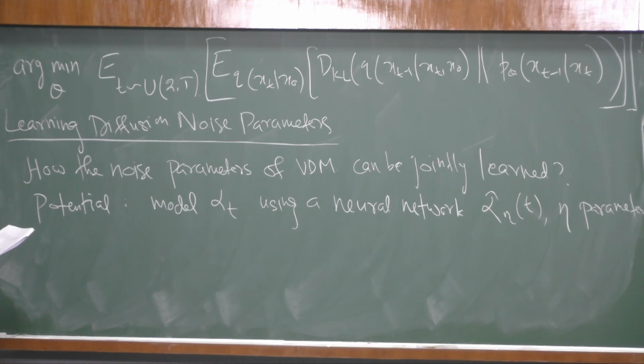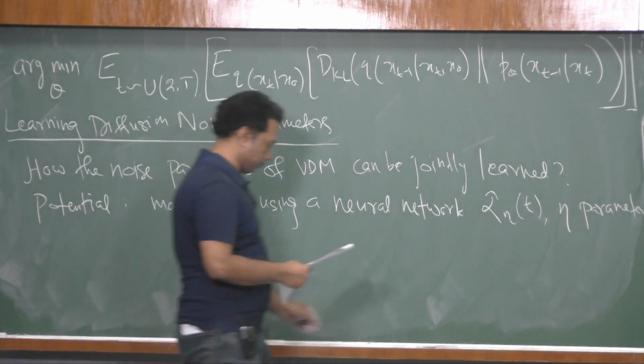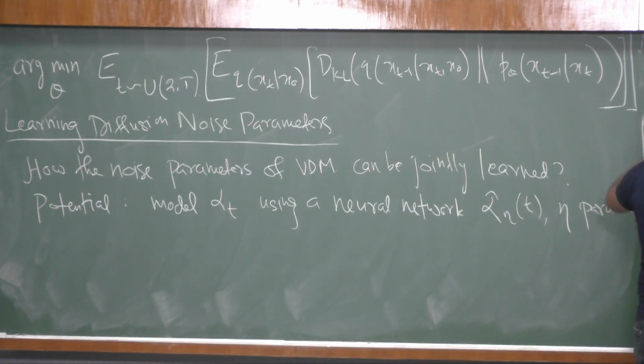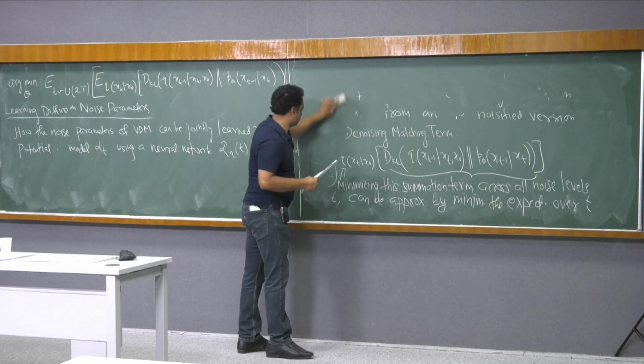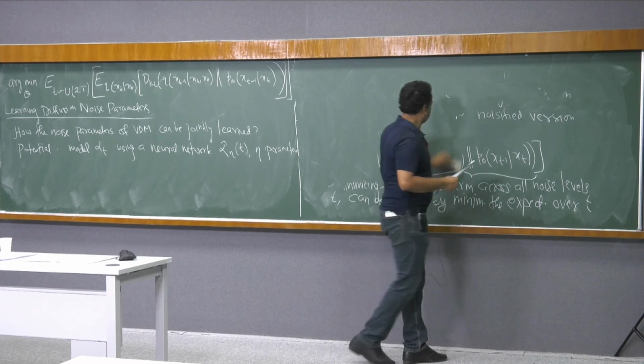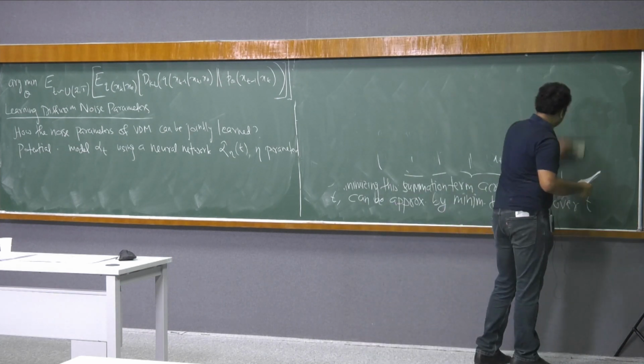So let us look into the expressions that we had previously when we were deriving the KL divergence term, and from there that will give us some hint on how to estimate these alphas. Basically we will use something called signal to noise ratio.